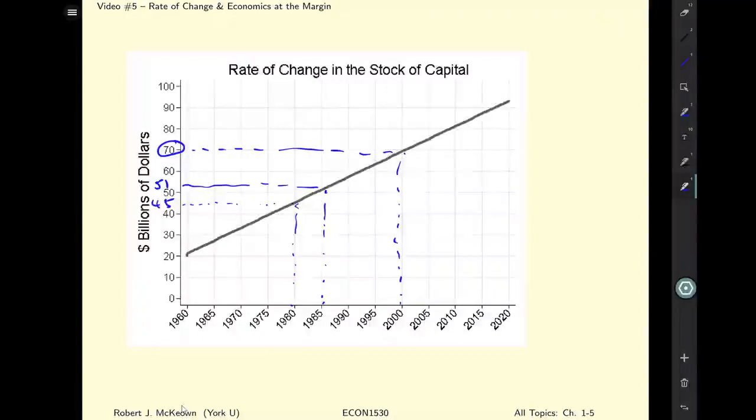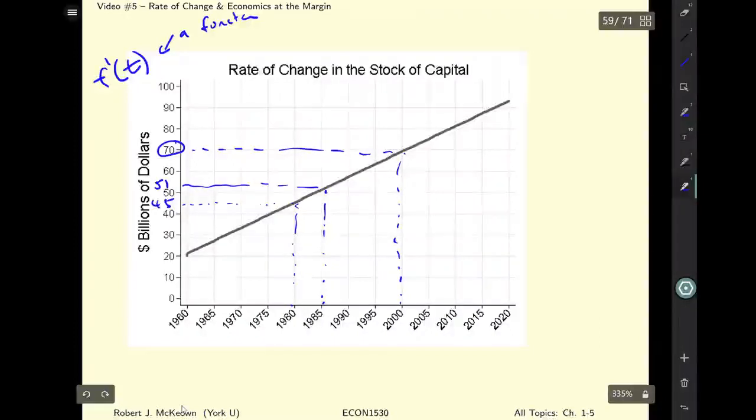So I could write the y-axis variable here as f prime of t, since it's a function of time. This often comes up in macroeconomics, if you've taken Econ 1010.